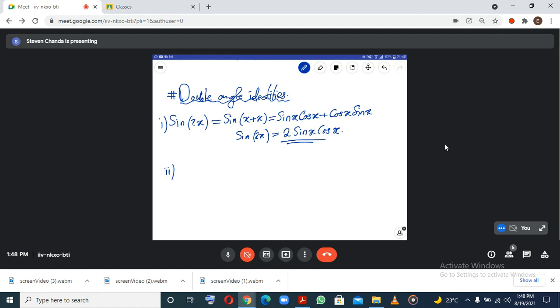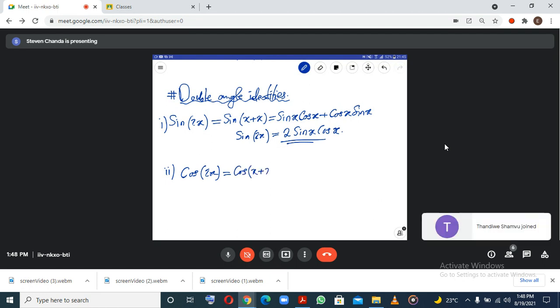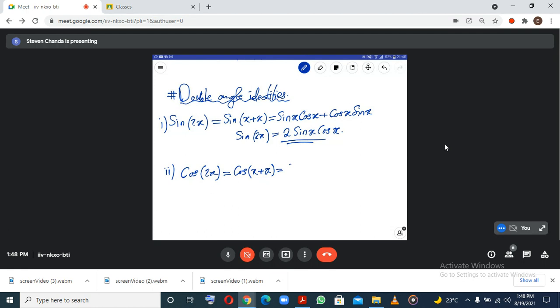Then for cos 2x, it's the same as cos x plus x. So again here, if you know what the sum and difference formulae are, deriving these things really becomes like revision of those things.